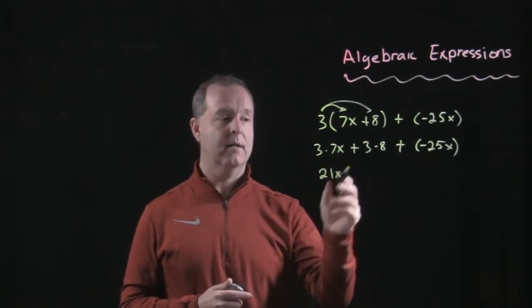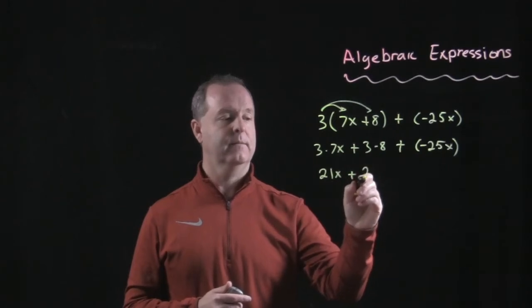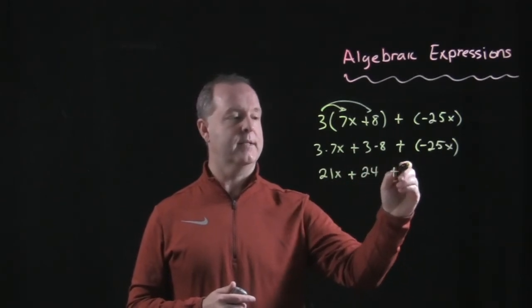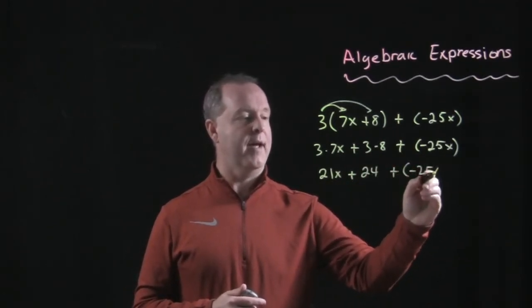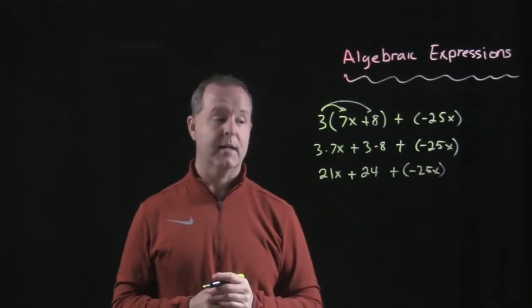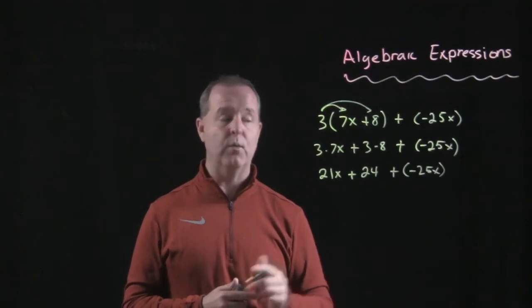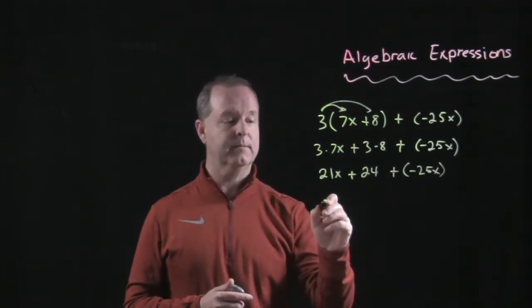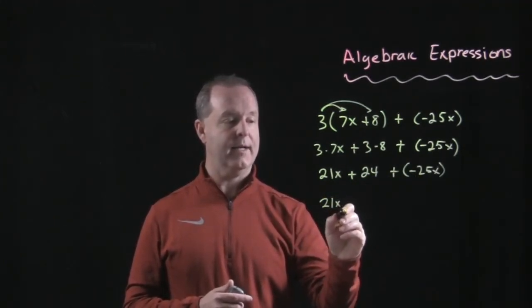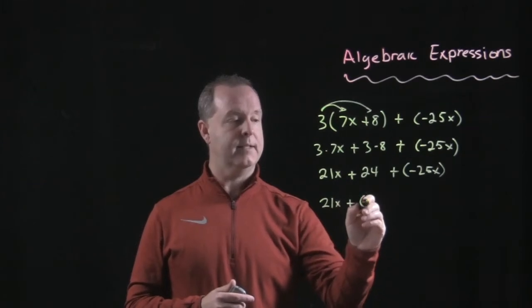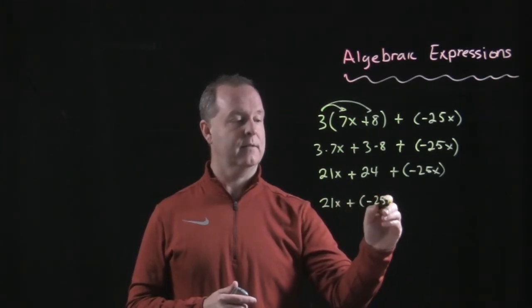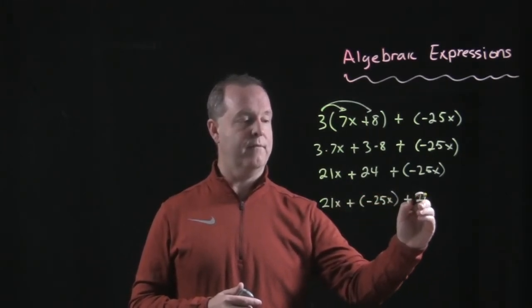The x carries along, plus 3 times 8, plus a negative 25x. Commutative property, I can reorder or rearrange two of these terms. So I have 21x plus a negative 25x plus a 24.